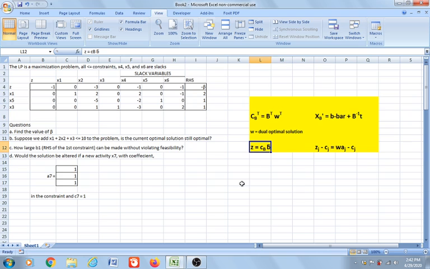Z is the value of the objective function, so minus Z is minus beta, and B bar is the value of the right hand side vector. So in this example, B bar is 2, 1, and 1.